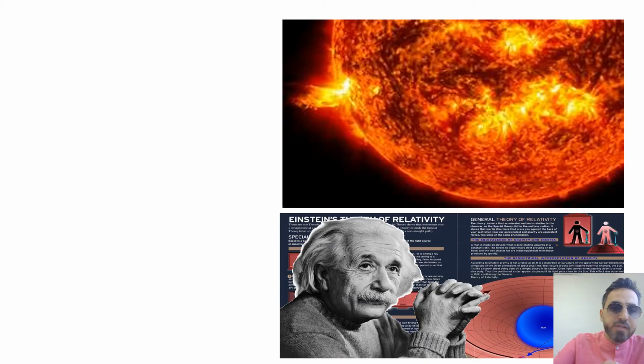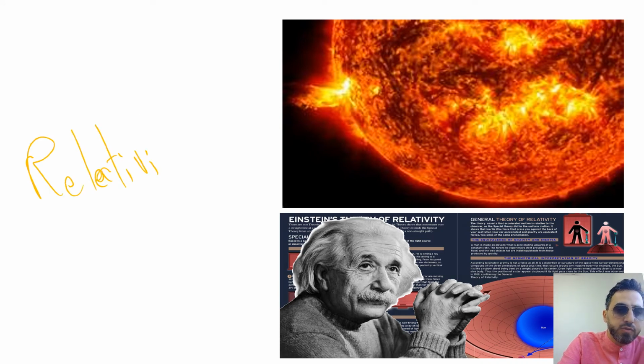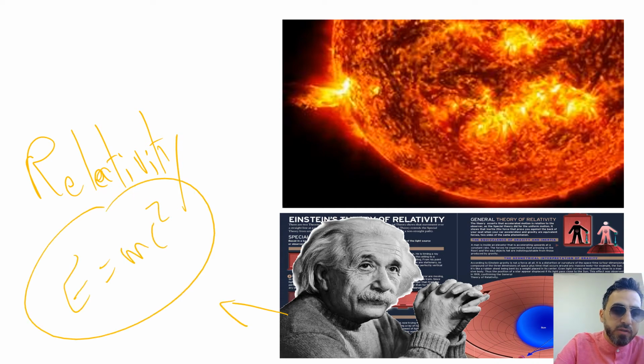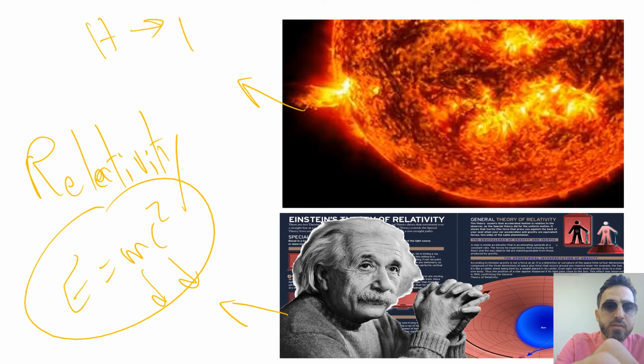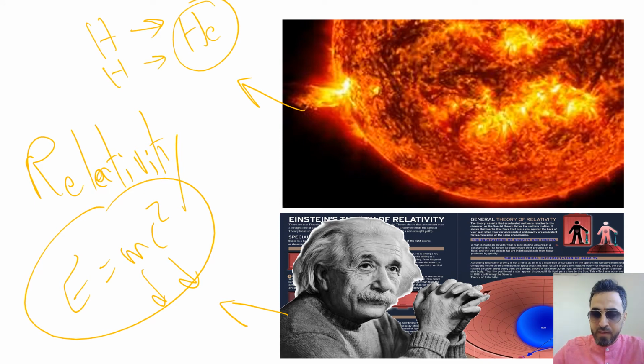The last area in physics we call relativity, and here we are talking about Einstein with the equation E equals mc squared: E for energy, m for mass, and c for speed of light, 3 times 10 power 8 meters per second. The second example is the reaction of hydrogen in the sun to get helium. So here the fusion and the nuclear reaction.